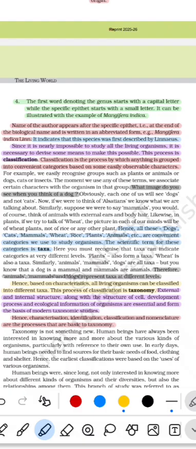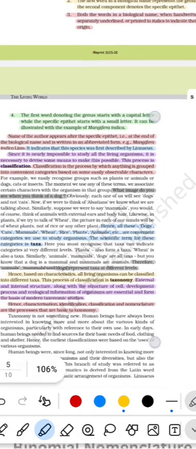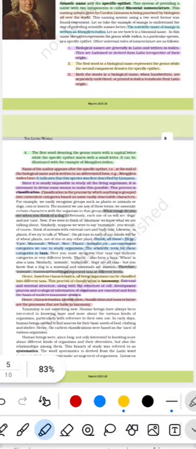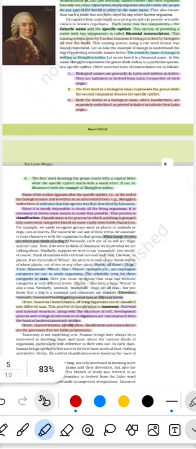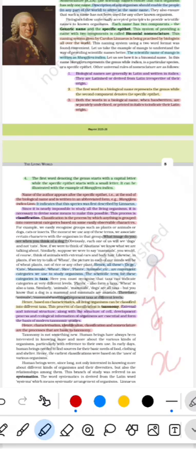Hence, based on characteristics, all living organisms can be classified into different taxa. This process is called taxonomy. So, the basic definition of taxonomy is taking an animal, suppose I have taken X, determining its genus first, then species, then family, and so on.